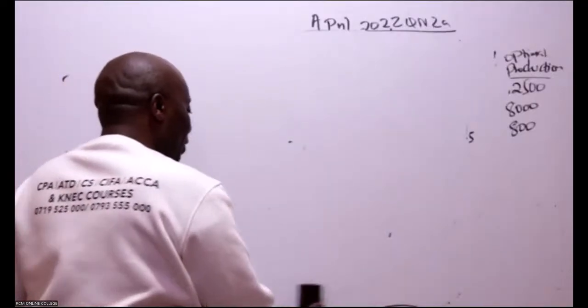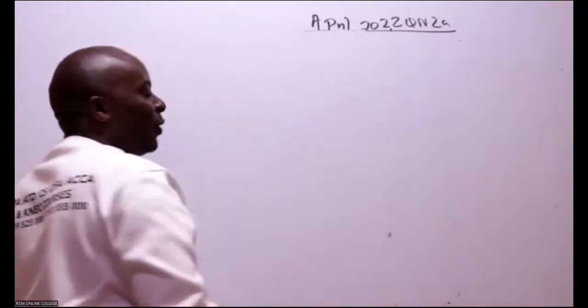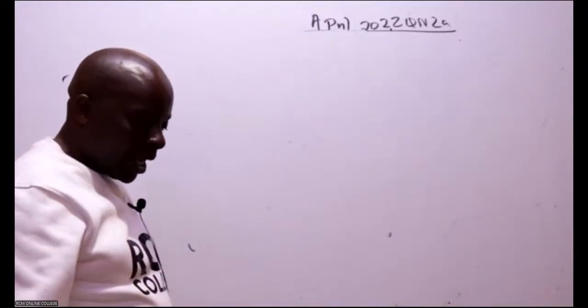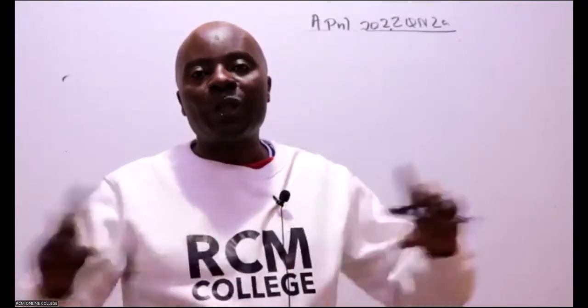The people who discovered throughput accounting came up with a very good concept. They said that in the long run, the only expenditure which will be variable will be direct material cost. Because if I'm making chairs, the more chairs I produce, the more timber I need. So any material expenditure will be stretching.